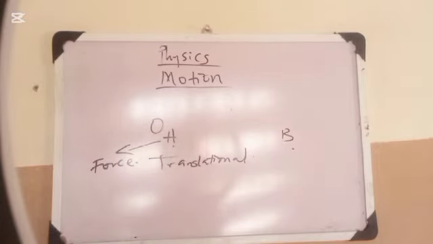For example, when you are swinging your hands, you realize that your hand is in a fixed position, but it is moving to and fro. Do you understand? So that type of motion is called oscillatory or vibratory motion, the to and fro movement. For example, we have the oscillation of a simple pendulum.